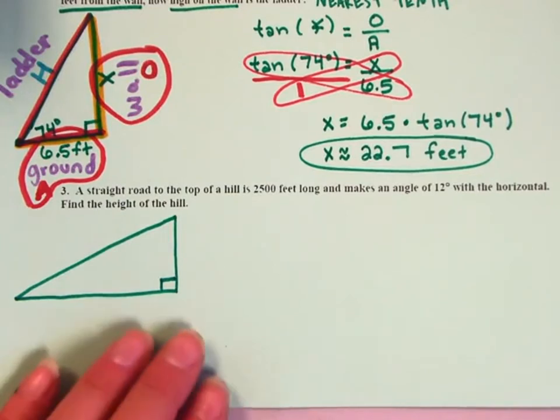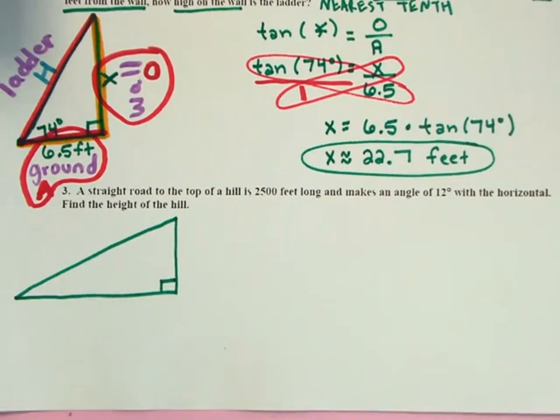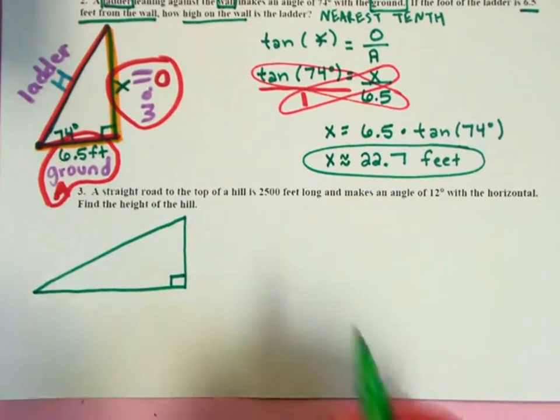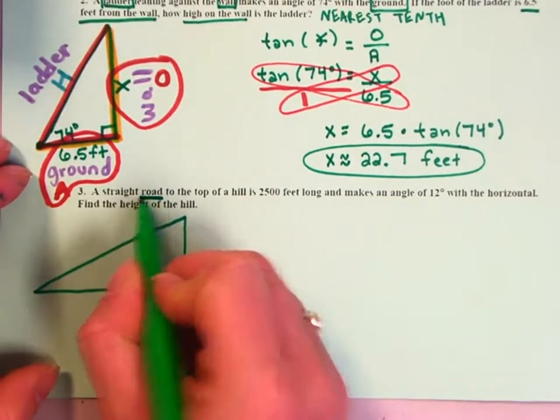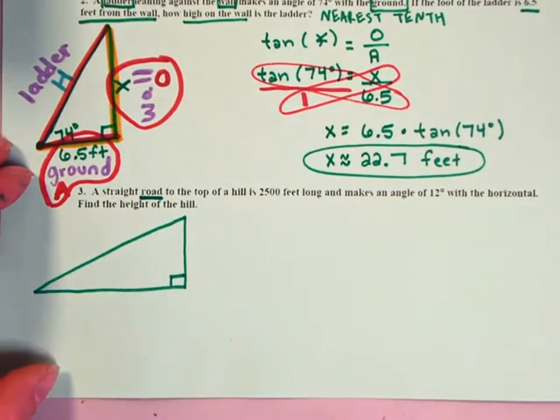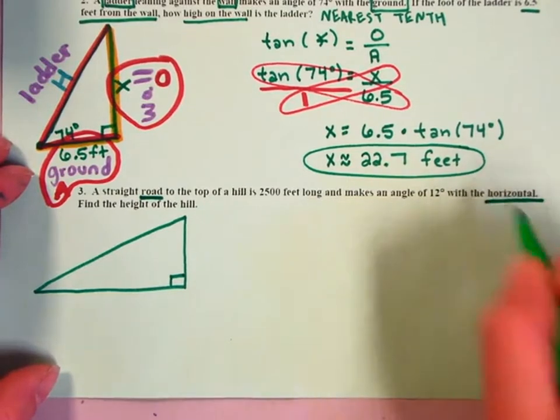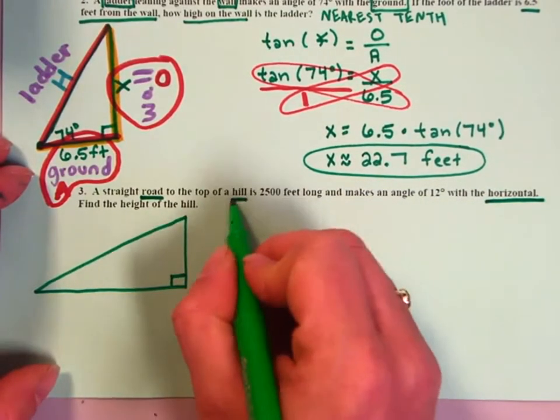A straight road to the top of a hill is 2,500 feet long and makes an angle of 12 degrees with the horizontal. Find the height of the hill. Okay, so we know that we have a road. We have the horizontal. And we have a hill.